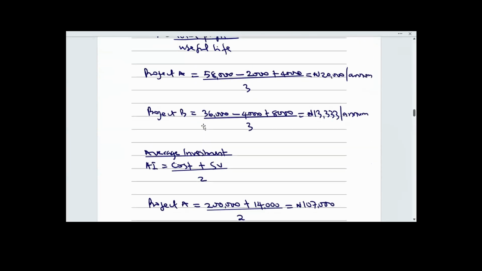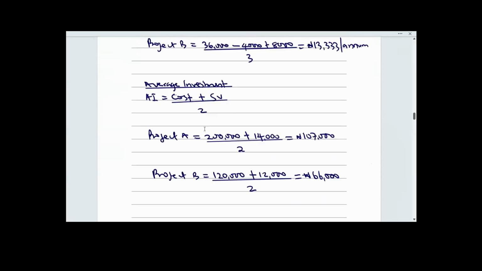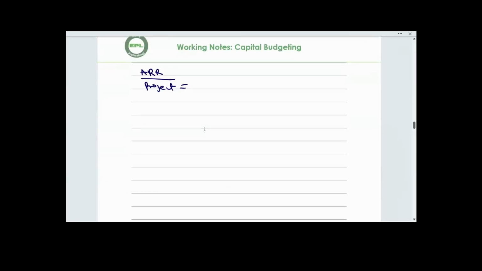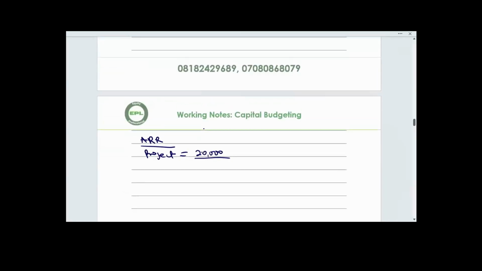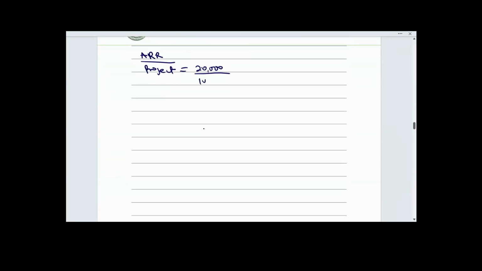Average annual profit of project A is 20,000 naira. Average investment of project A is 107,000. Multiply by 100 over 1.